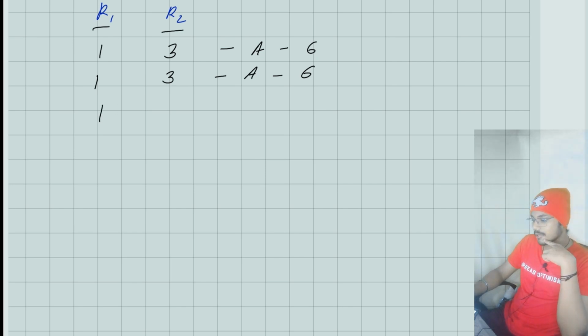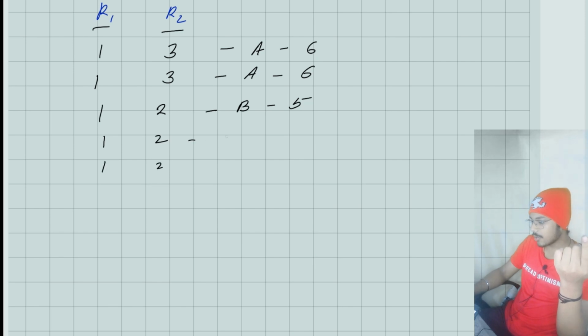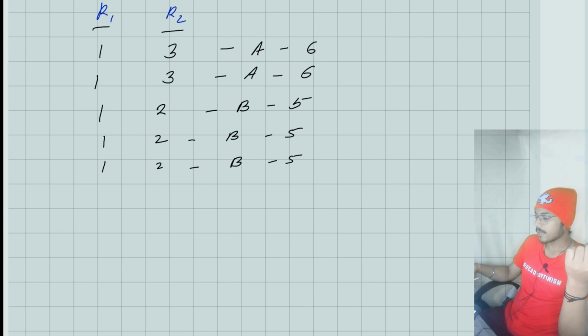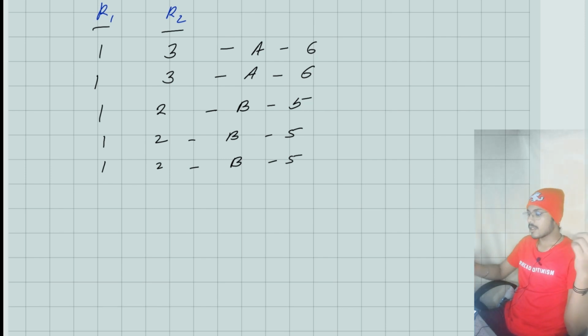Then 1 unit of R1 and 2 units of R2 gives product B, whose profit is rupees 5. Again you can repeat it twice to get all the resources used, so that we get the maximum output.